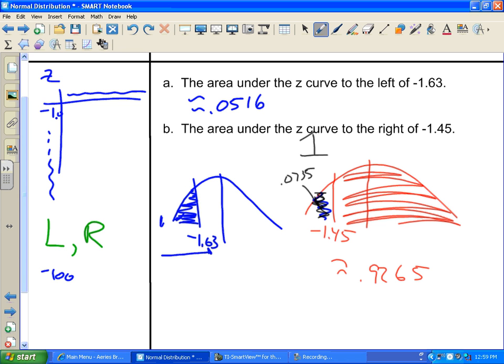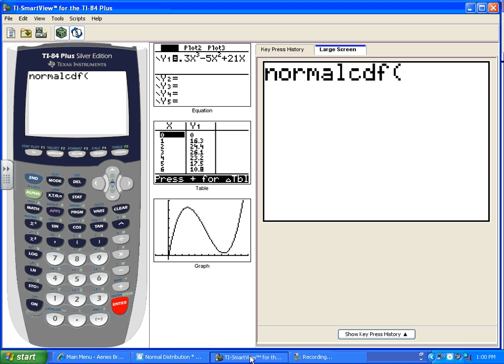Okay. So I'm going to go from left to right. If this makes sense to you, I want to know the area underneath the curve from negative 100 standard deviations all the way up to negative 1.63 standard deviations. Does that make sense? CDF: cumulative, up to and including. Negative 100 to negative 1.63. Put that right here. Negative 100, and by the way, make sure you use the negative sign, not the subtraction sign, because you'll get an error if you put the subtraction sign.